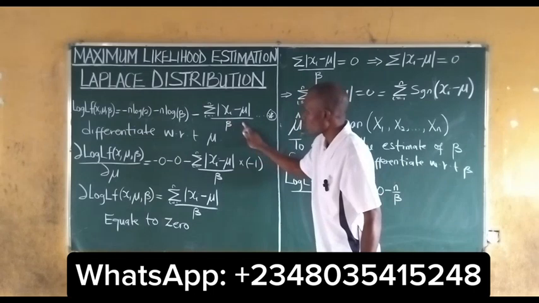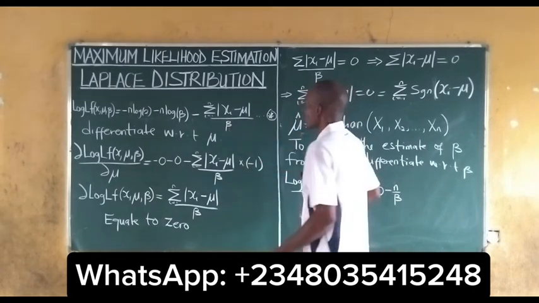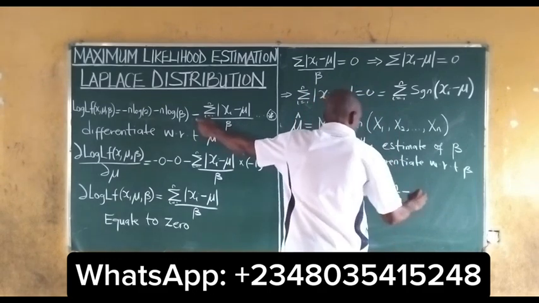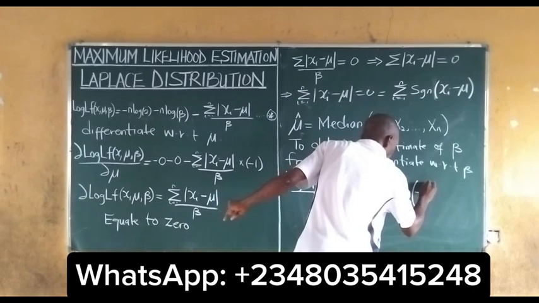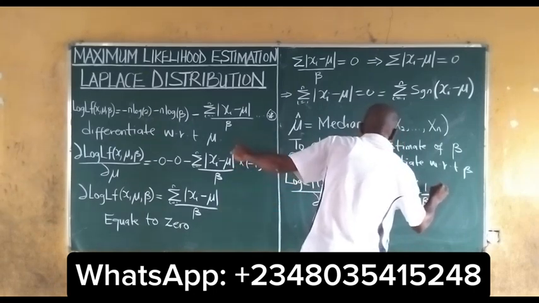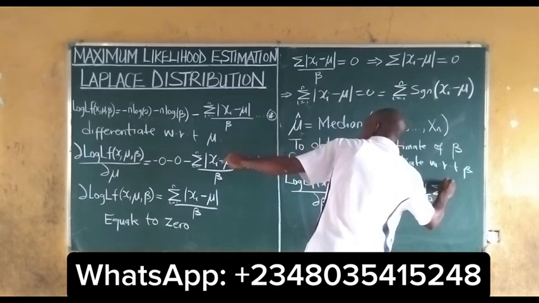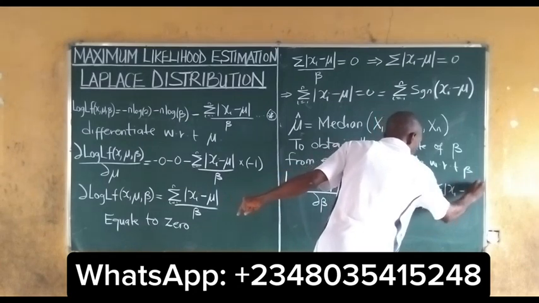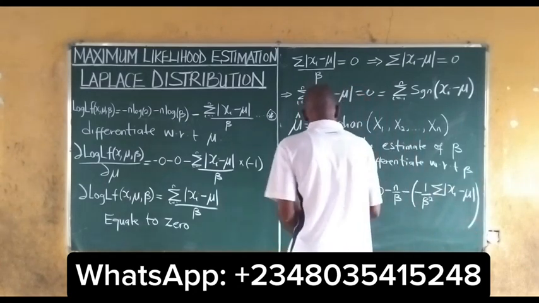If we differentiate the whole of this with respect to beta, we get negative 1 all over beta squared summation of xi minus mu. So this is what we get.